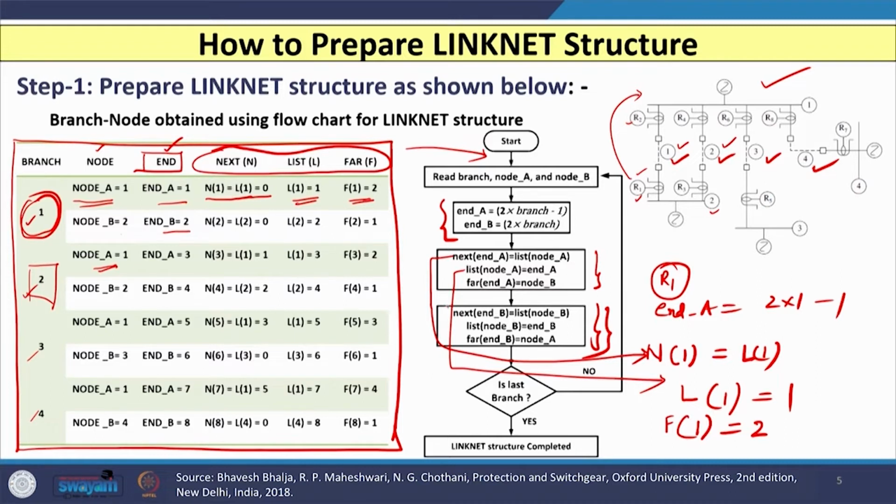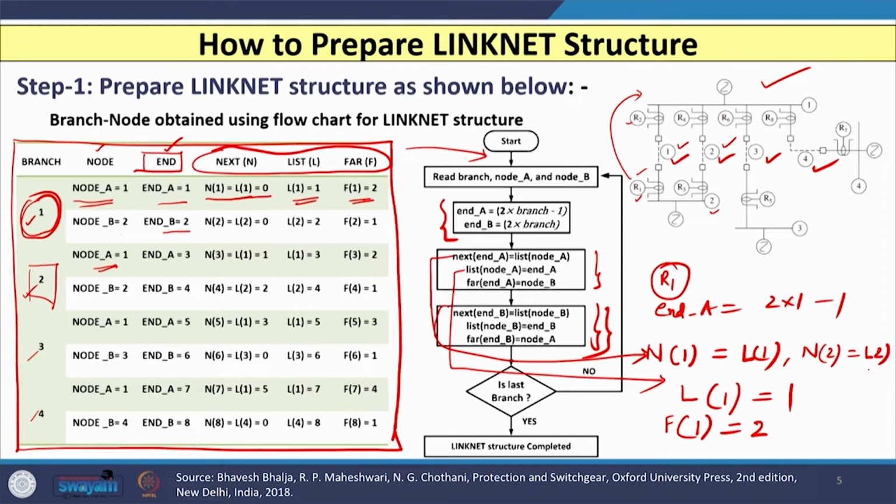Similarly, if you take this second block, next nB, so next is N and nB. We have already calculated nB, that is equal to 2. So, N2 is equal to L, list node B, and list node B we have already calculated, that is also 2.